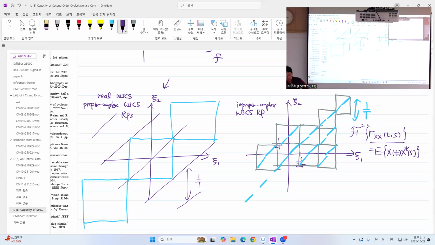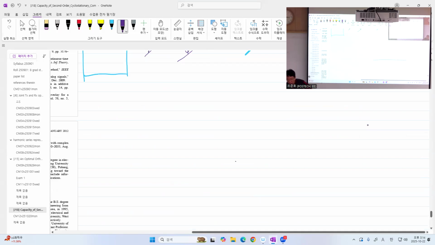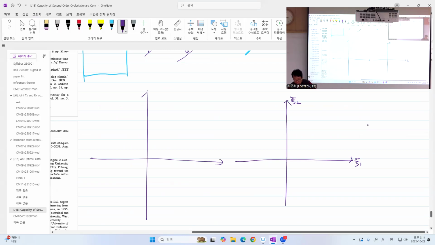So it reveals that we have one more bispectrum. And here, in the proper case, it's 0 for all values of the pair xi1, xi2. Got it?